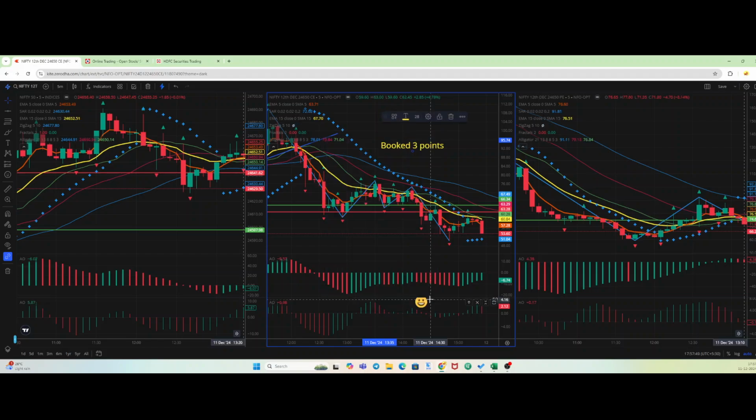Look, only 3 points, because as per our system, if it is a red candle we will put the stop loss. If it is a green candle, we will not change things. Automatically the next green candle means you already hit the stop loss.